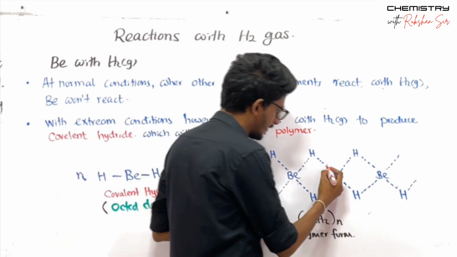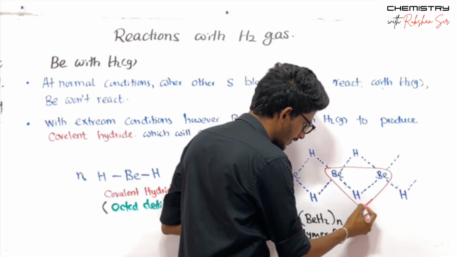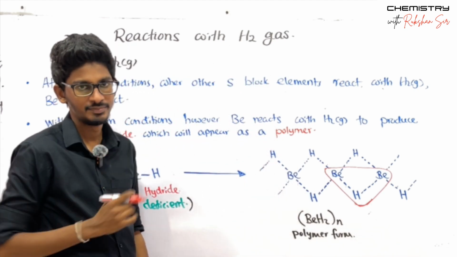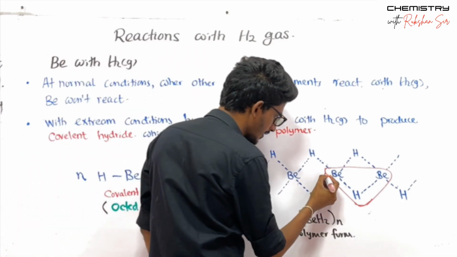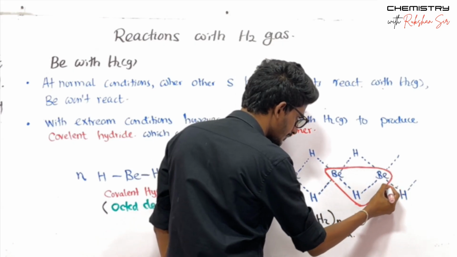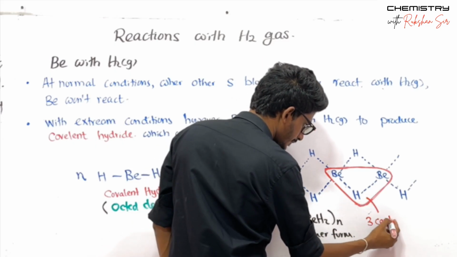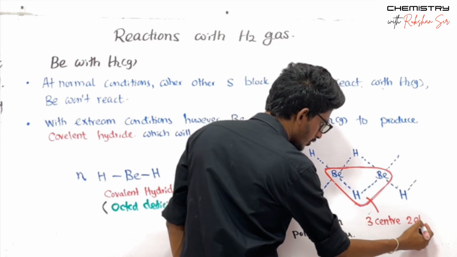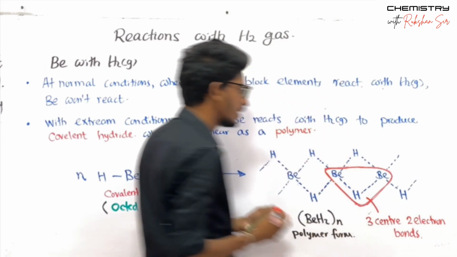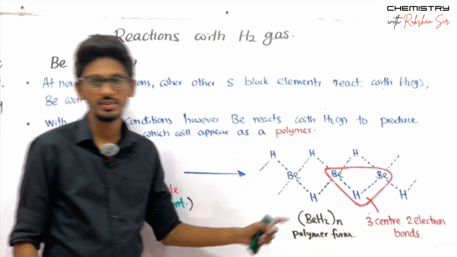So this kind of bonding is referred to as three center two electron bonds. Three center two electron bonds, right? Just draw this now. Just complete this.